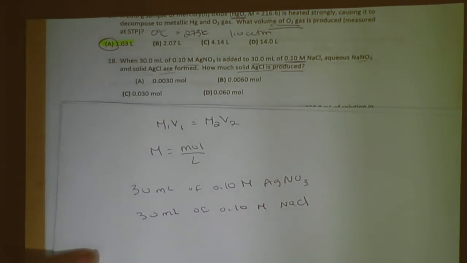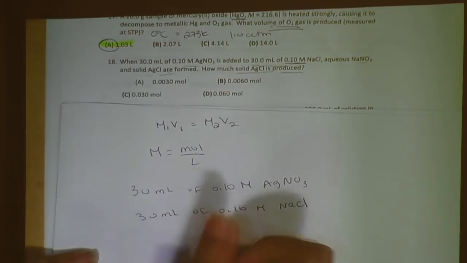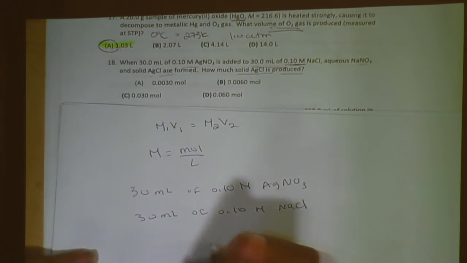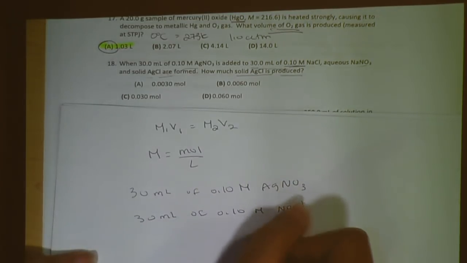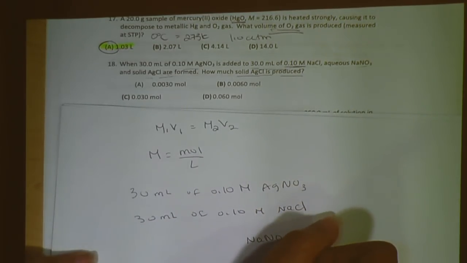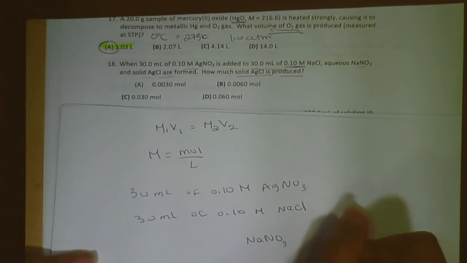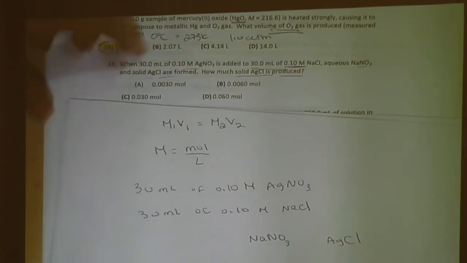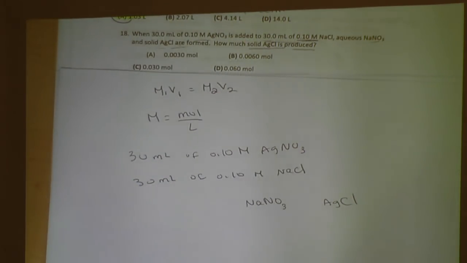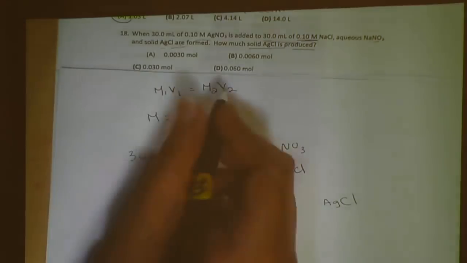These two are added, and I get aqueous NaNO3 and solid AgCl. So actually I was correct at first. This is a limiting reagent type of problem. Even though they give you milliliters and molarity, you can easily solve for moles, correct, using this equation?